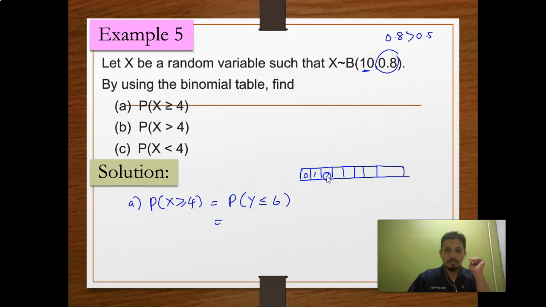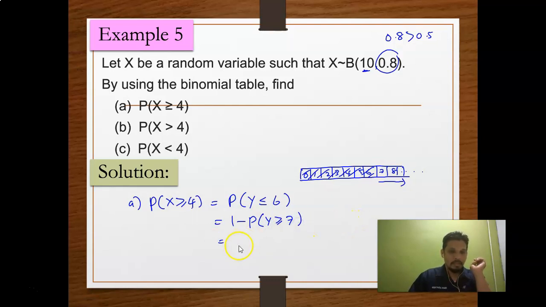So y less than or equal to 6, including 6, means that we subtract from 1 the probability of y greater than or equal to 7.